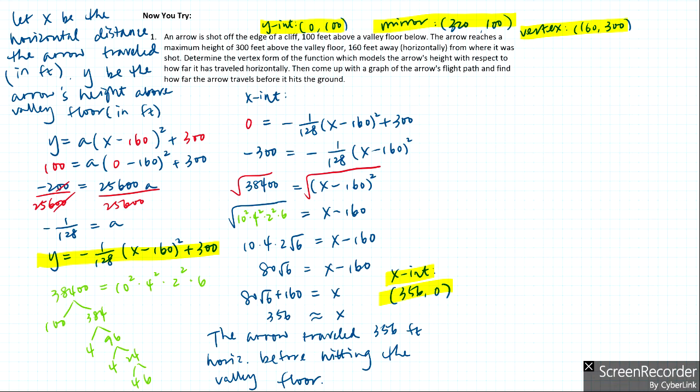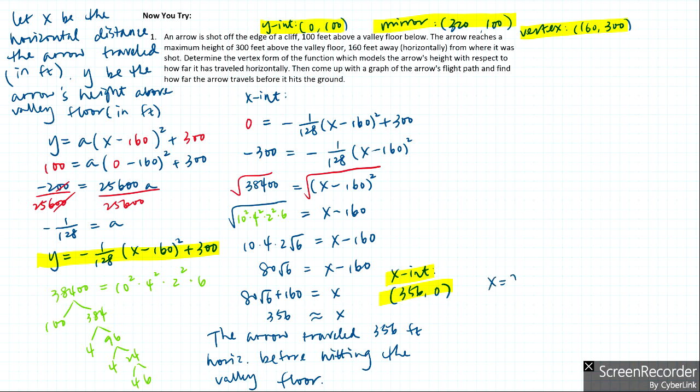Next, we want to find 2 points that would be plotted on the graph to make a more concise curve. And you can pick any x-coordinate, again, to find the corresponding y value. And I'm going to pick the points that are in between the points that we already have. So between 0 being the x-coordinate, the next point is 160. So I'm going to pick x equals 80 to be the point.